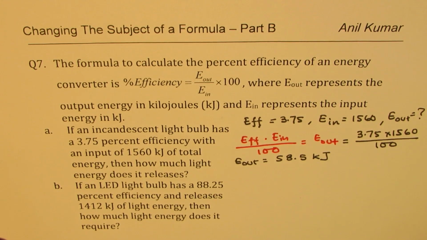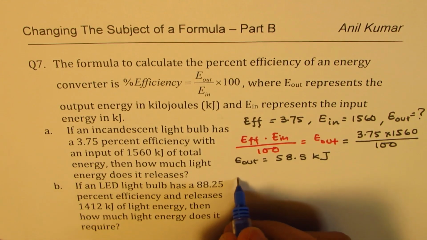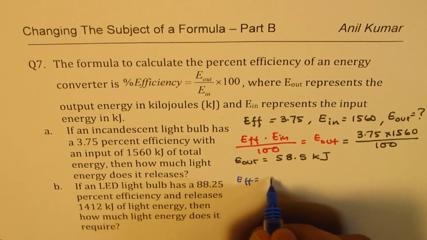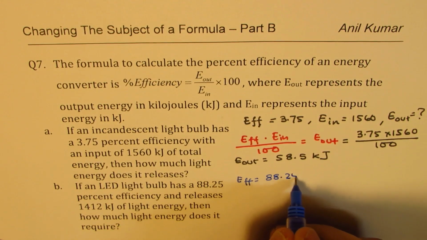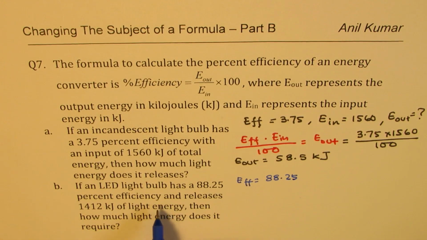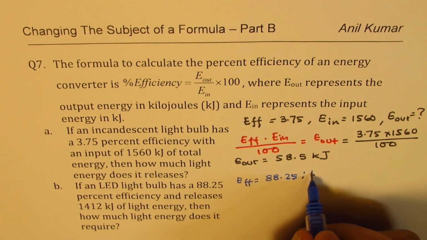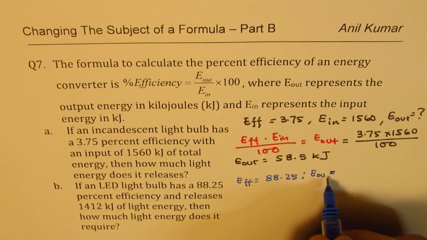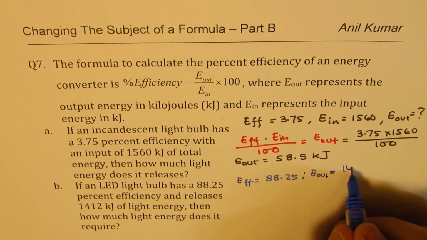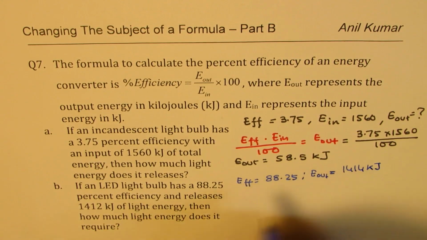Now let's look into the second part. If an LED light bulb has 88.25% efficiency, so this time the efficiency given to us is 88.25, and releases this much kilojoules of light energy. Releases means output, right? So E out is equal to 1412 kilojoules.